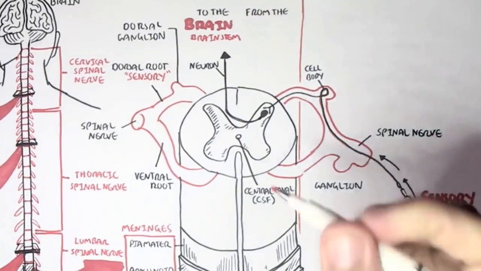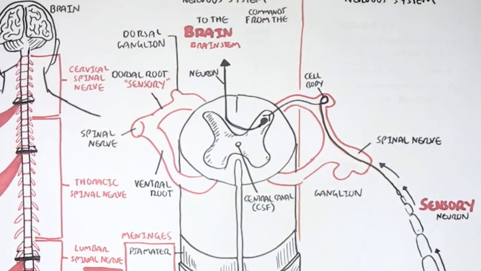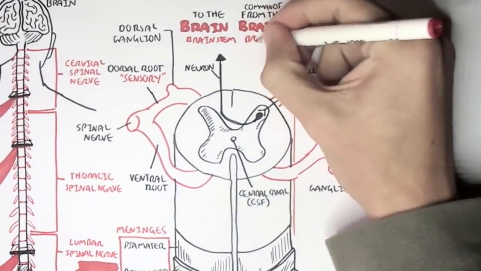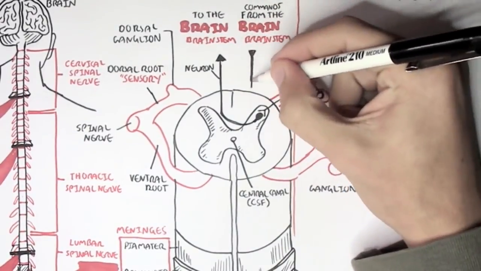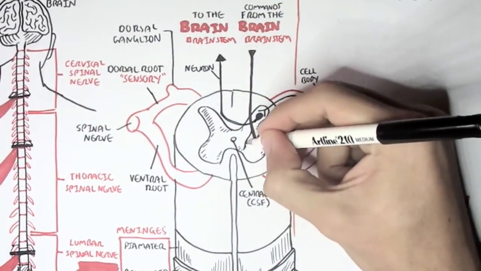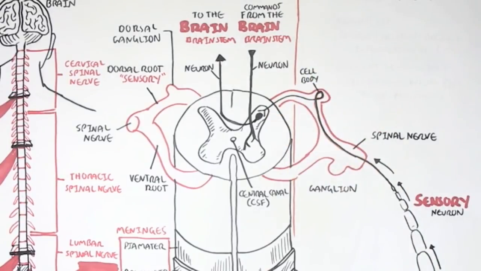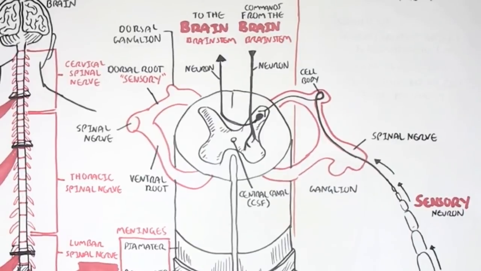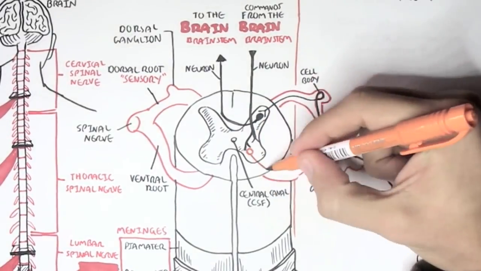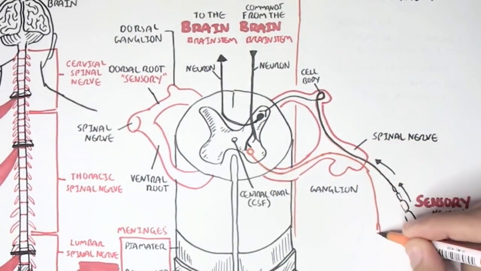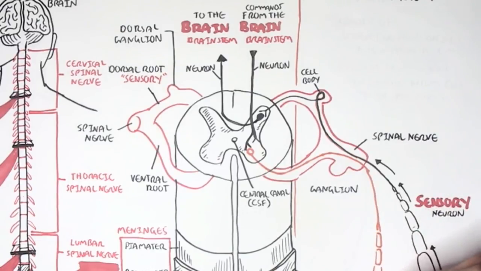So for example, signals or commands from the brain or brainstem will come down to a particular location in the spinal cord. And then these neurons will synapse with efferent neurons here, also known as motor neurons, which will bring this command, this information, somewhere to a target tissue.